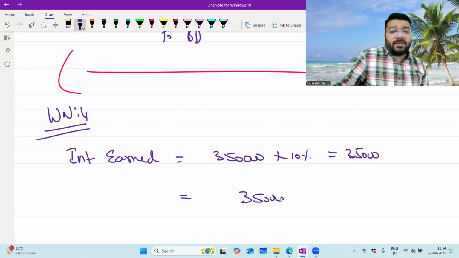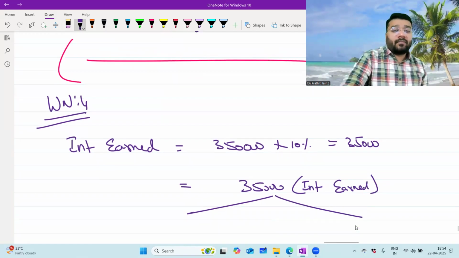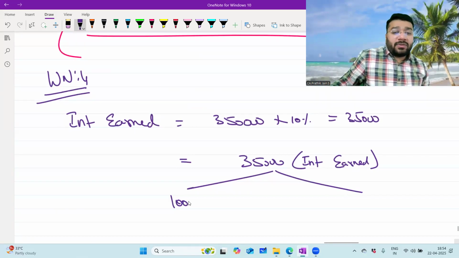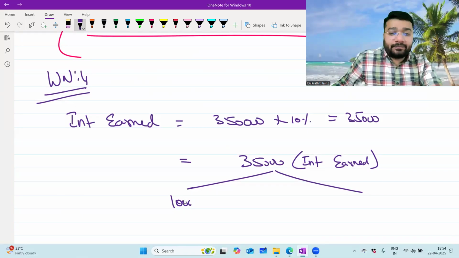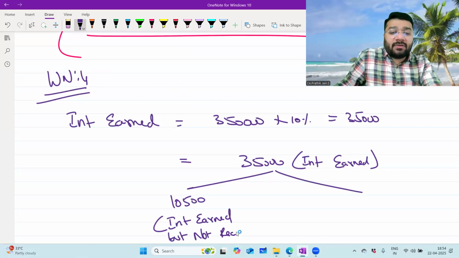In that 35,000, interest earned but not received is 10,500.